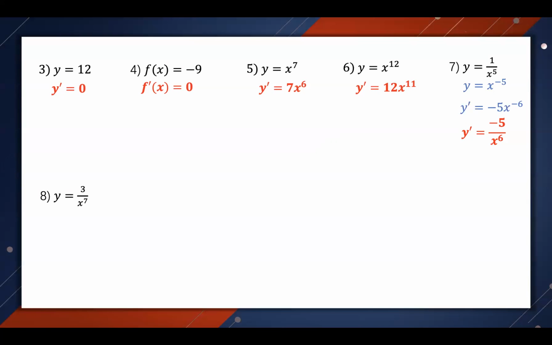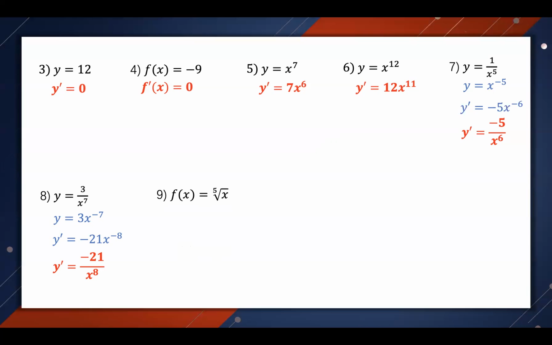For this one, y equals 3 divided by x to the power of 7. So y prime equals negative 21 divided by x to the power of 8.